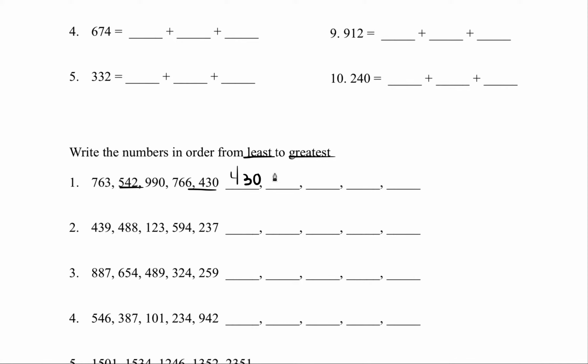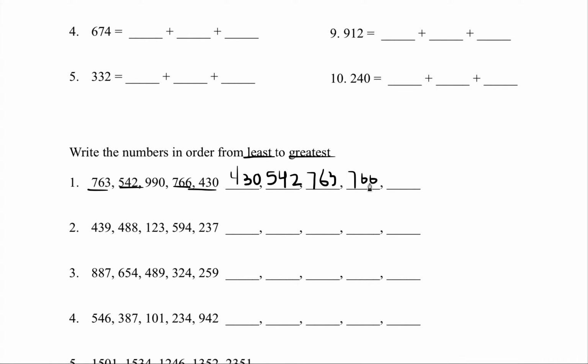So we're going to put 542. Then the next smallest number, 763. Then the next smallest, 766.